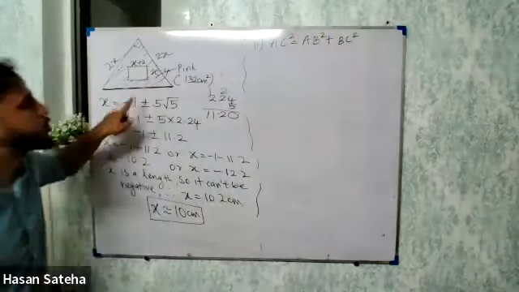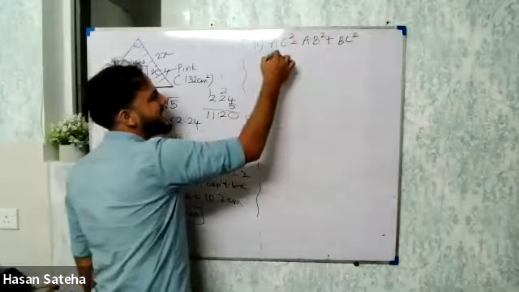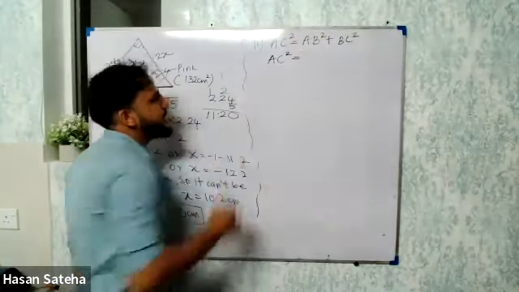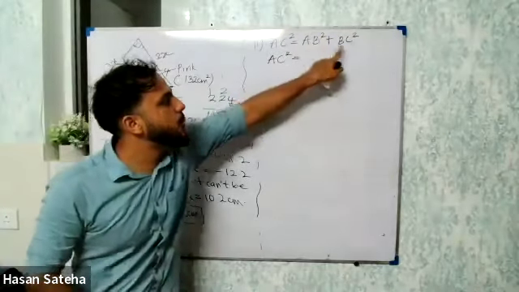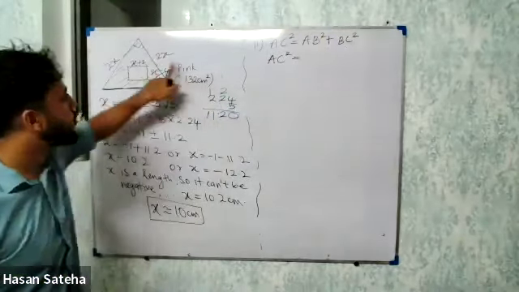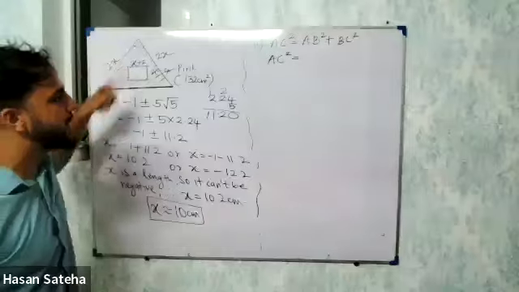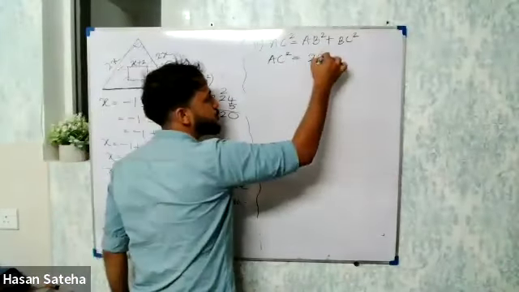So this is your hypotenuse. What are the other two sides? Both are 2x.